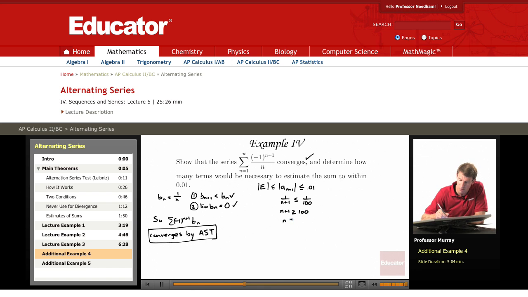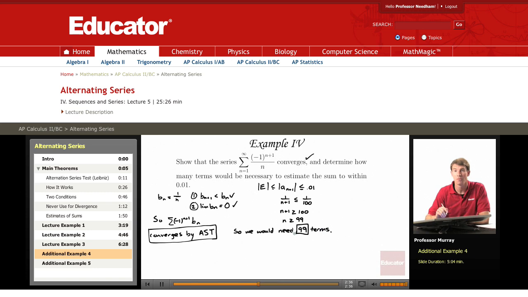So n would have to be bigger than 99. So we would need 99 terms. We would need to add up 99 terms of this series to get an estimate that is within 0.01 of the true answer.